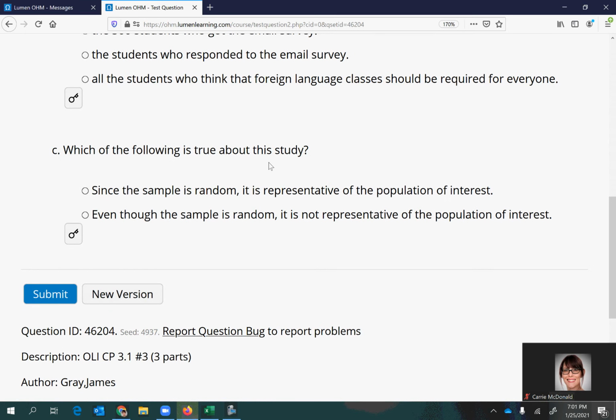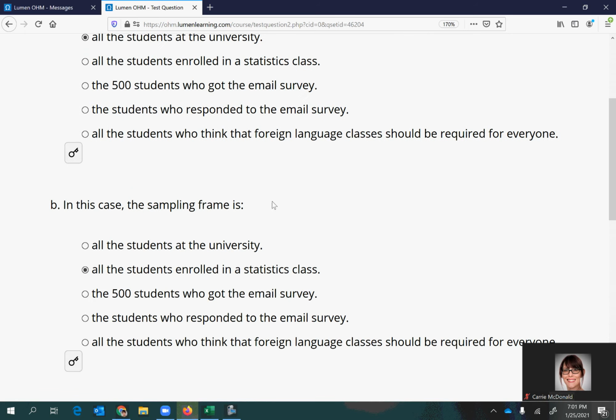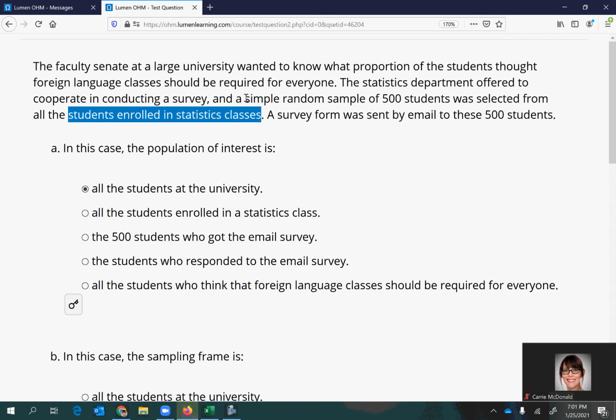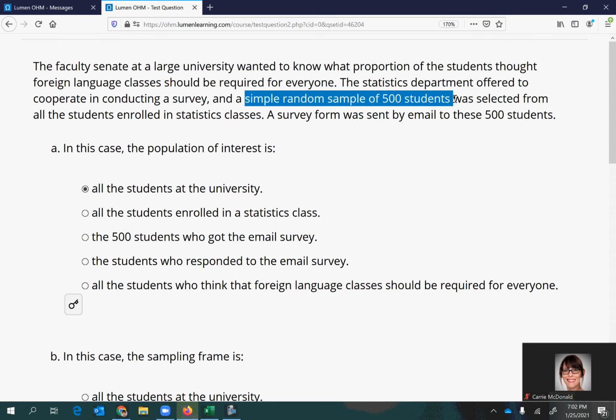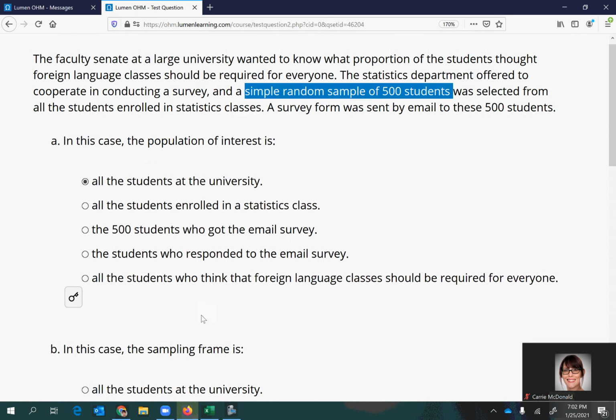Which of the following is true about the study? Either A, since the sample is random, it is representative of the population of interest. Now, certainly having a random sample is a good thing, and it did say it was a simple random sample of 500 students, but it was only selected from all these statistics students.